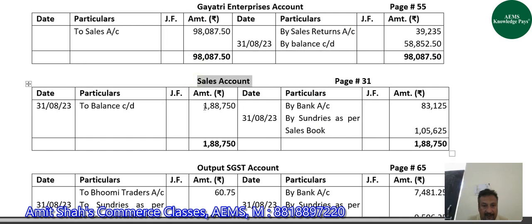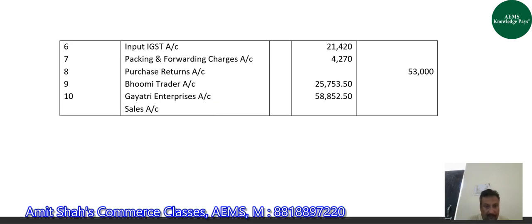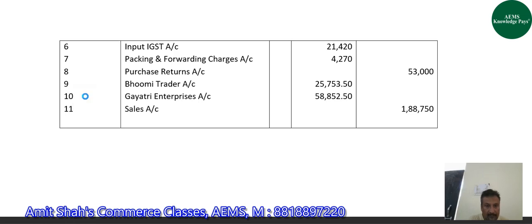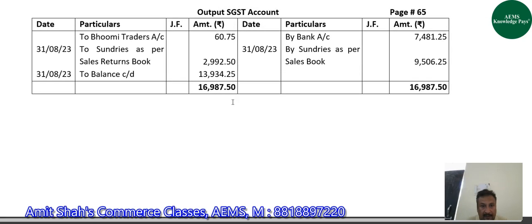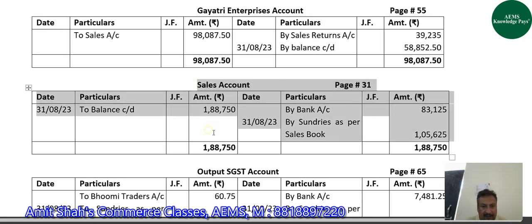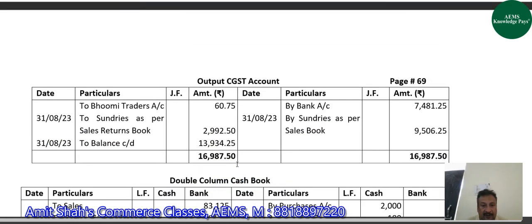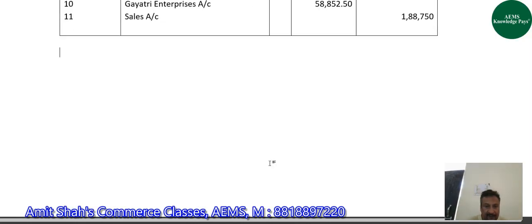Then sales account has a trade balance of 1,88,750. After sales account, we have output SGST account which has a trade balance of 13,934.25. And the same is with output CGST account, 13,934.25.